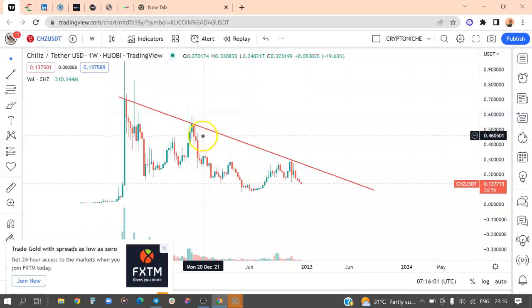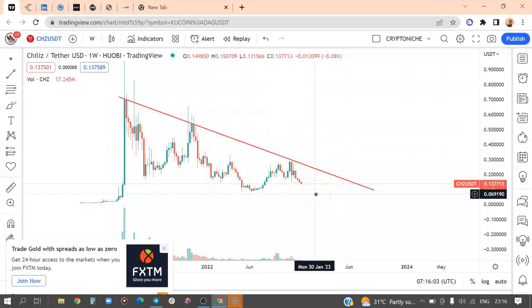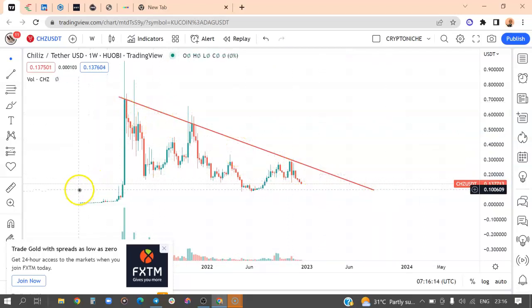It's trapped entirely in this channel, as you can see. And it is forming a sort of triangle right here.